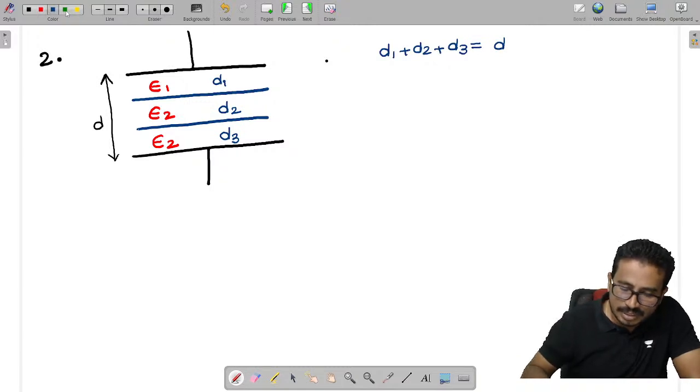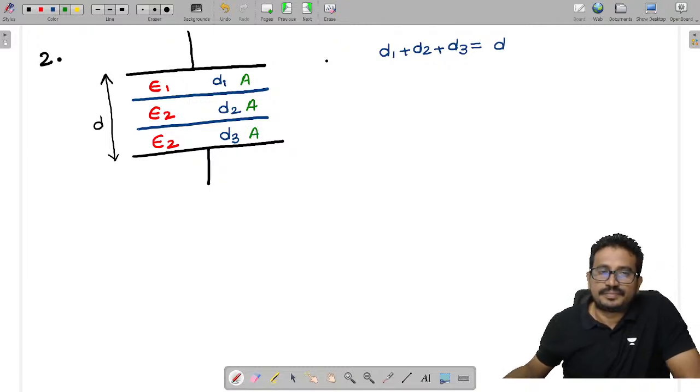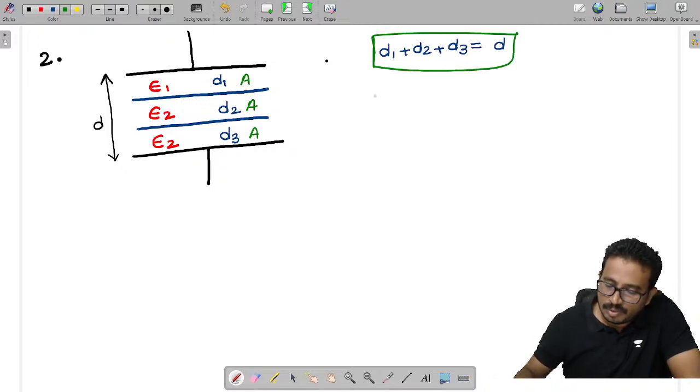And is there any change of area? The plate area does not change. No change of this plate area. As I told you the trick, we do the analysis here. The capacitance formula is given as epsilon A by d.